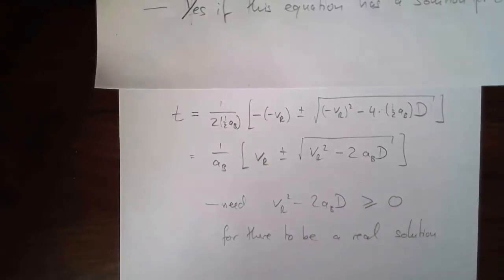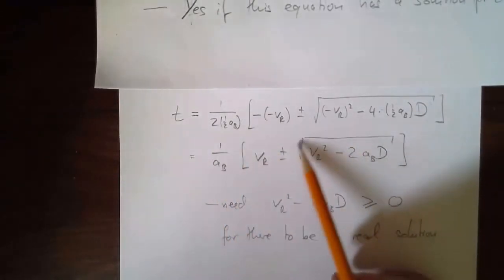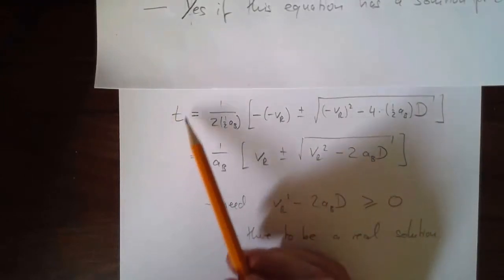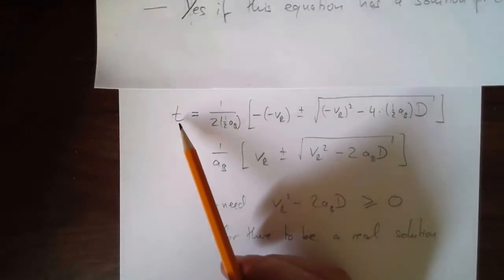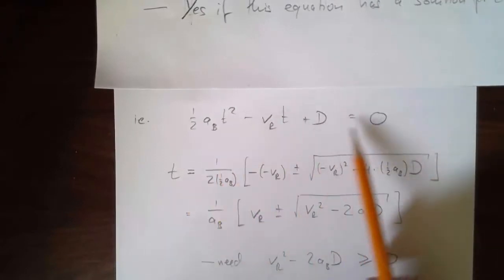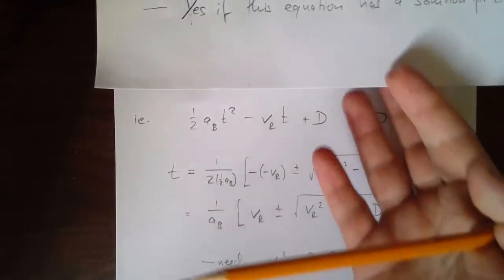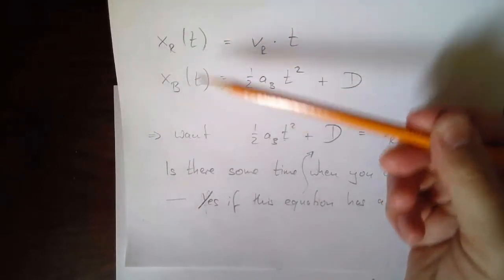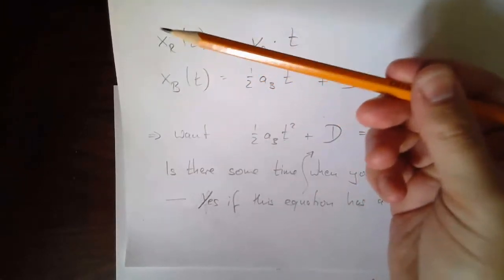Let's go through the logic again. If this is true, then this thing is positive, so the square root exists. That means there is a value when this equation is made true, and this equation corresponded to setting the two positions equal of the running person u and the bus.